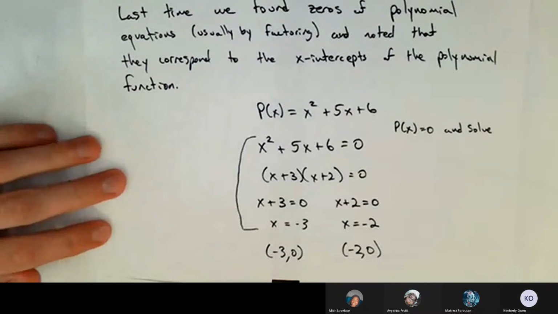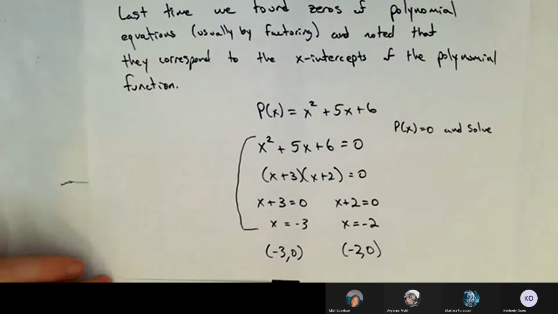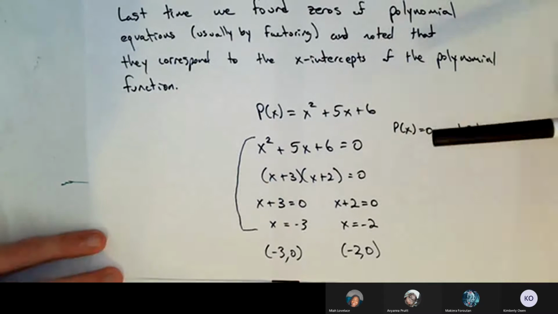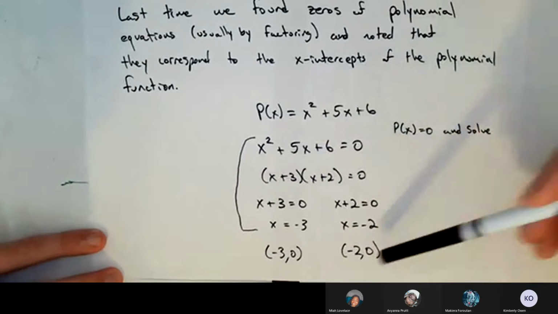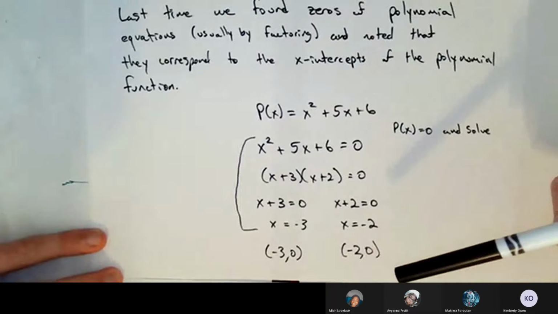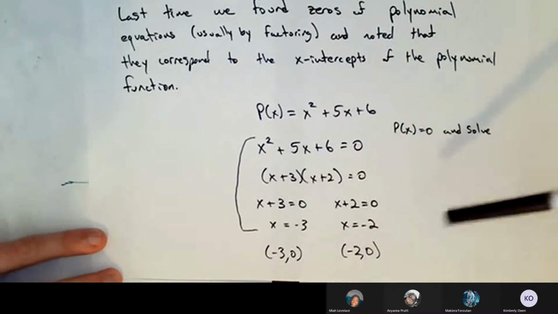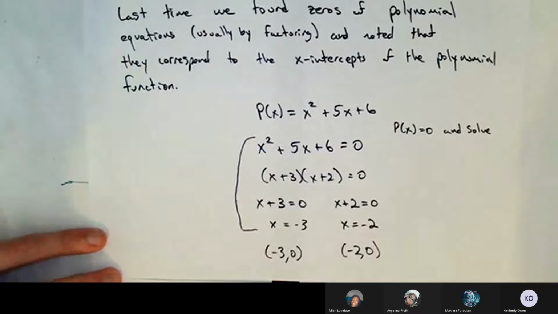If you recall, we were looking at these polynomial functions. We wanted to graph them. Two lectures ago we were looking at end behavior, the infinity stuff: what happens as x tends to infinity and as x tends to negative infinity. Last time we talked about the more local behavior near the origin, like where the x-intercepts are.